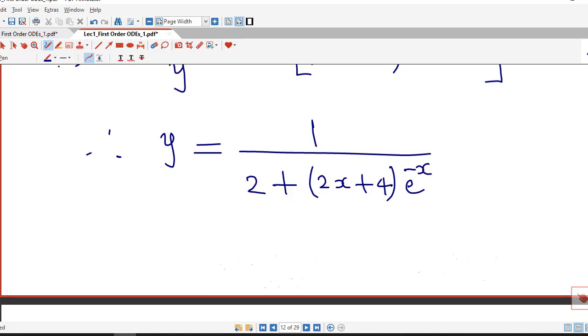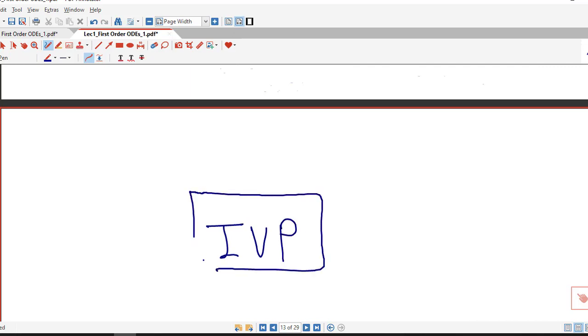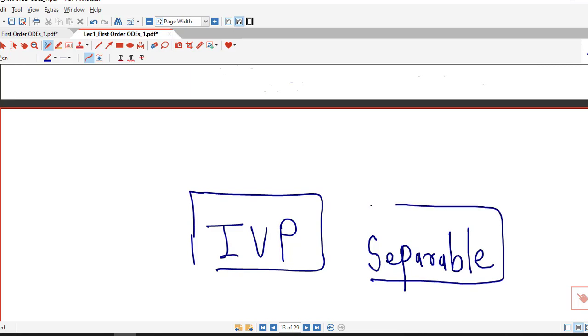So in this lecture we have discussed how to solve initial value problems, and we have focused on those types of differential equations which were separable, but the definition of an initial value problem is the same for all types of methods, either first order, second order, or higher order.